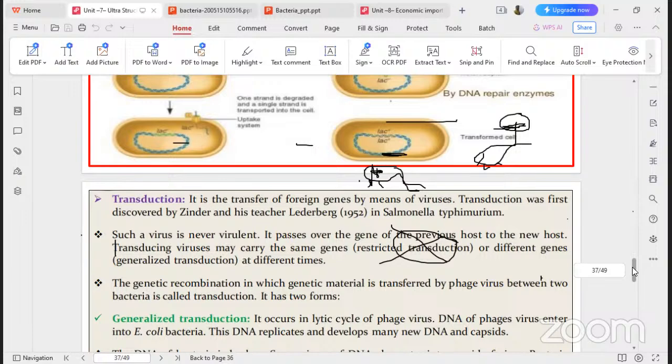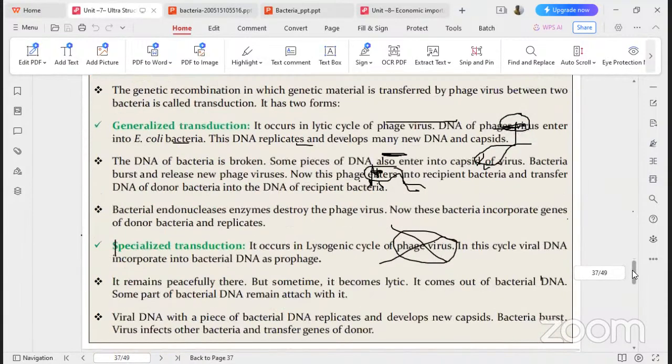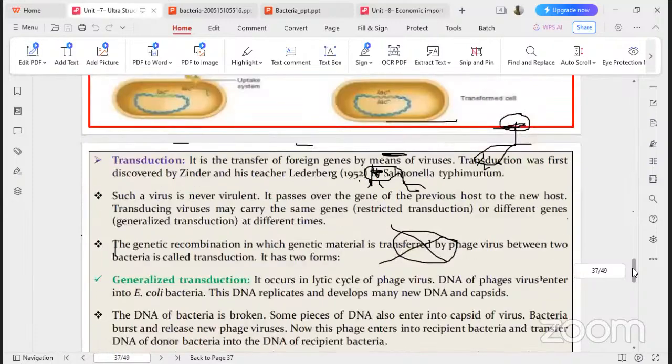And the next is transduction. That means foreign genetic material, other genetic material, transforming into the living organism. You see here, transduction is caused by carriers.